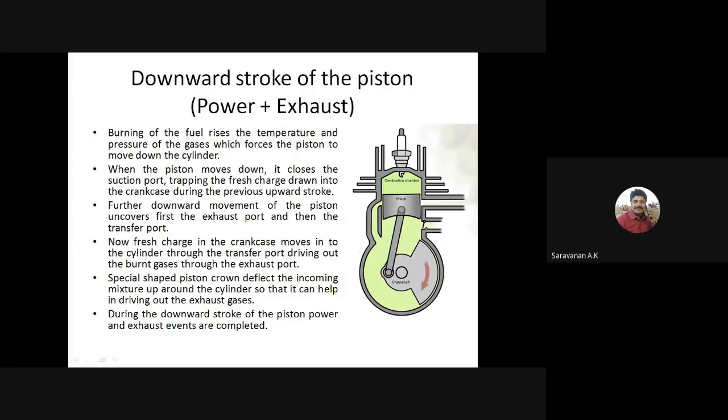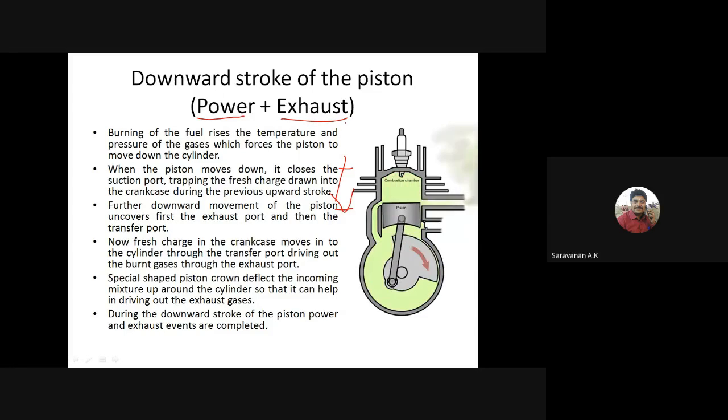See, in the downward stroke, what will happen? The power stroke and exhaust stroke will take place, right? When the piston moves from TDC, that is top dead center, to the bottom dead center, combustion takes place, and then the power stroke as well as the exhaust stroke will take place.